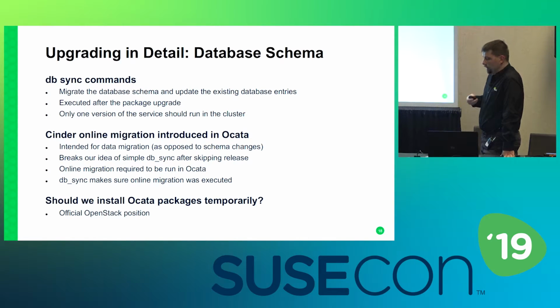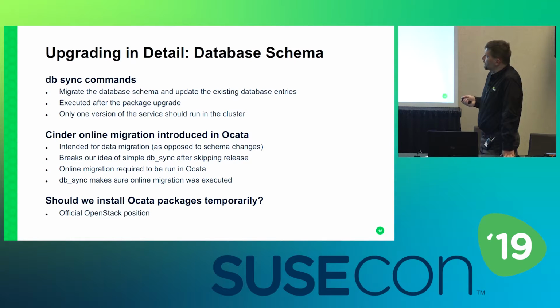In our workflow, it's usually executed directly after the packages are upgraded. Now we see the main reason why at some point we have to shut all the services down: once we upgrade the schemas to the new version, we cannot let the old version of services run. They would not be able to use the updated database schemas. In general, it might be possible for some specific service, but usually there are some changes.